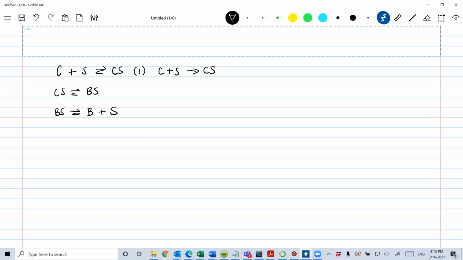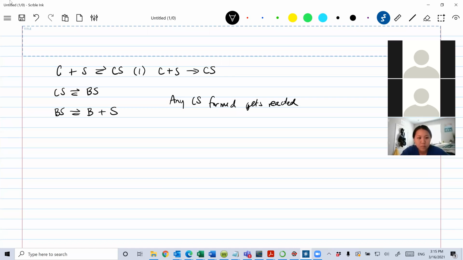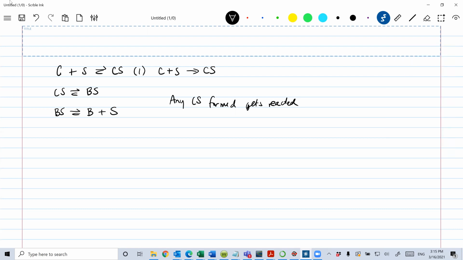So what you can explain here is that if the first reaction is the rate limiting step, however, any CS that you add, and I think some of you had the right answer, any CS formed gets reacted. So if any CS formed gets reacted, there is not really a way for the pressure of C to inhibit the reaction. I mean, you could do the calculation.